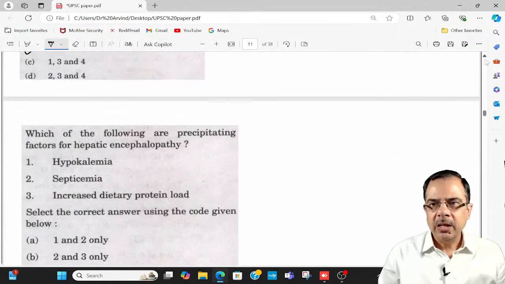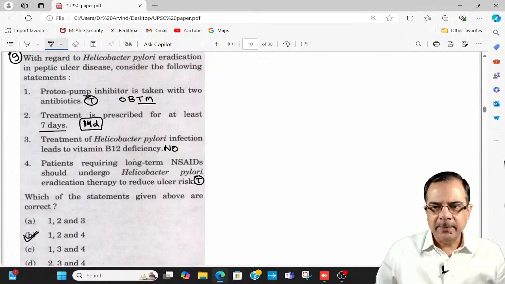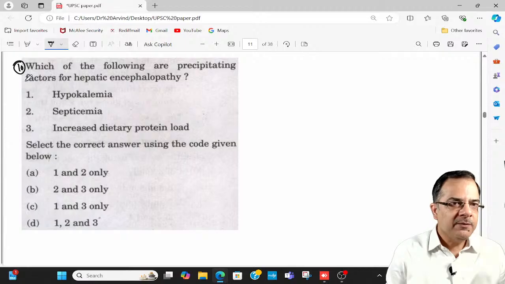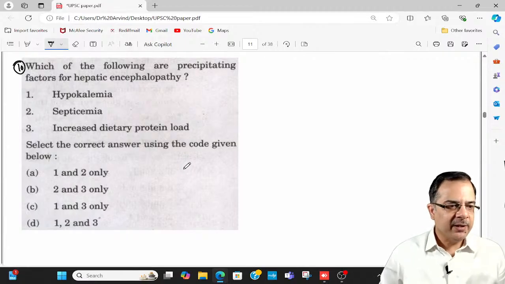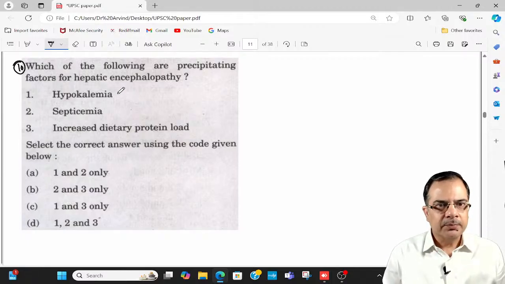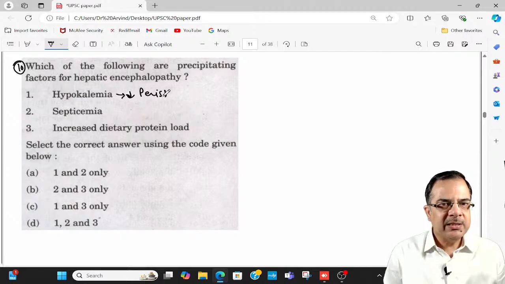Coming to question number 10. Question is, which of the following are the precipitating factors for hepatic encephalopathy? Hypokalemia causes decreased peristalsis, and decreased peristalsis means bacterial proliferation will be there.